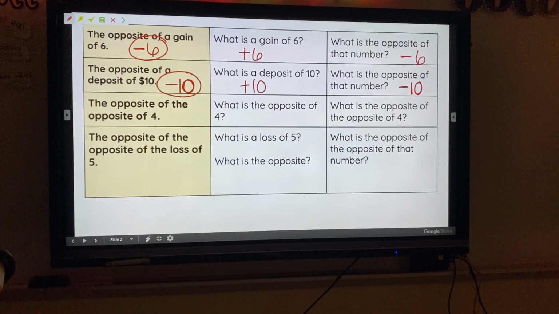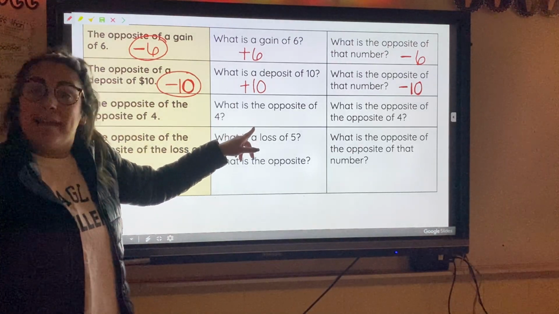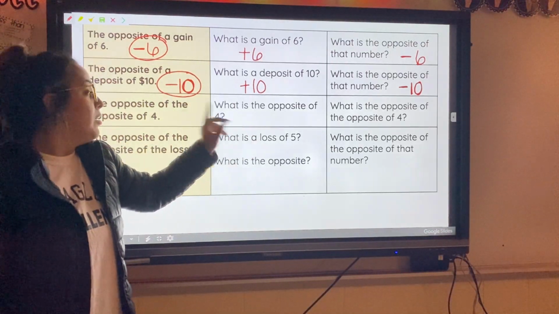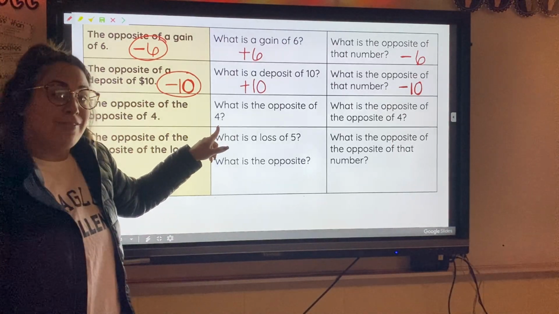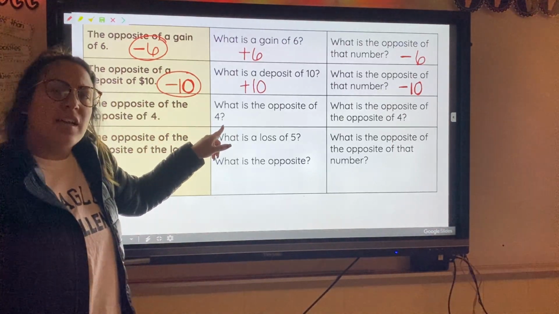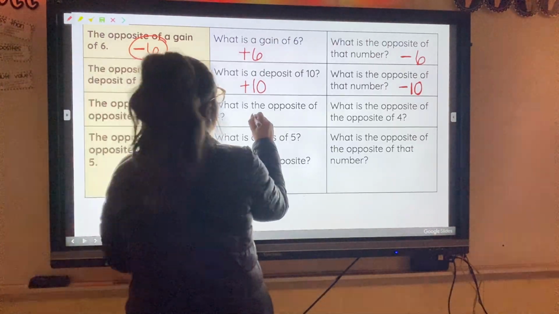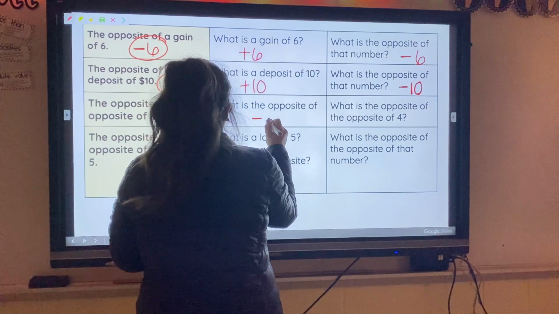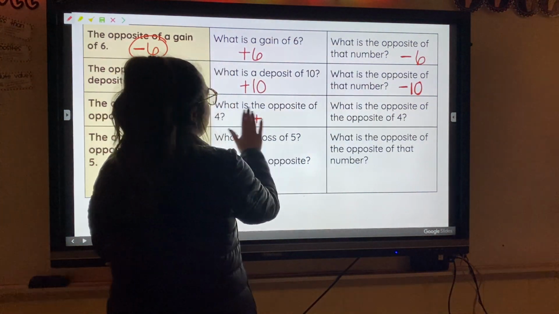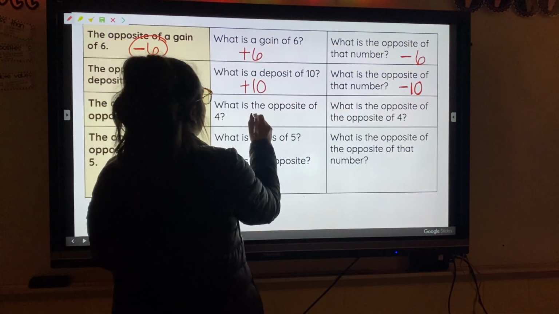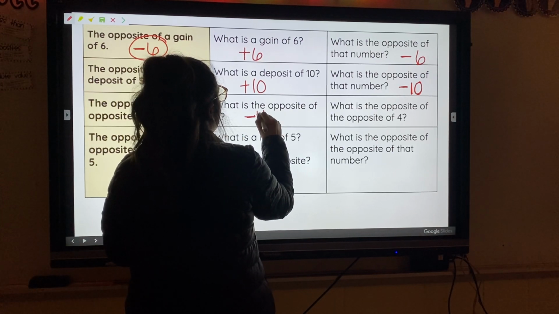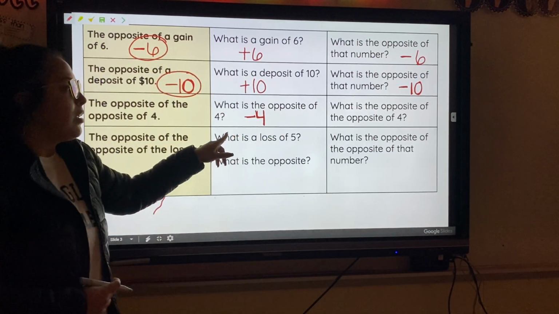All right, and then the next one, this one's a little tricky. It says the opposite of the opposite of 4. So the first thing we're going to answer is, well, what is the opposite of 4? 4 is a positive number. So what's the opposite of positive 4? Negative 4. The opposite of positive 4 is negative 4.